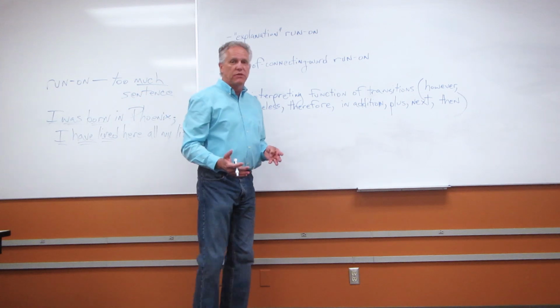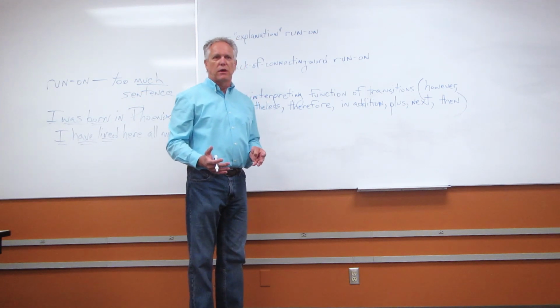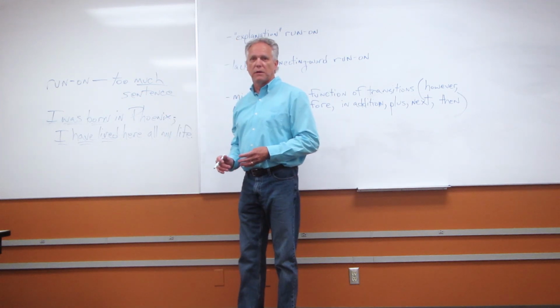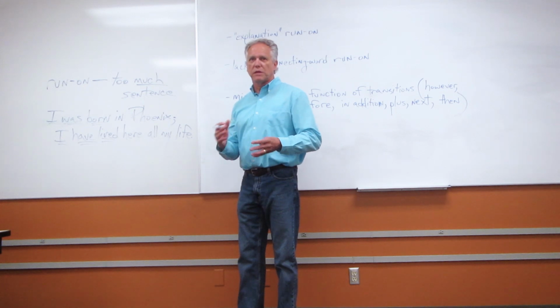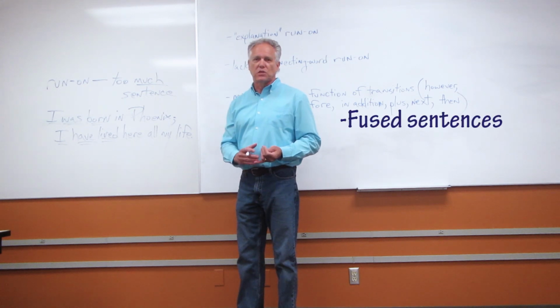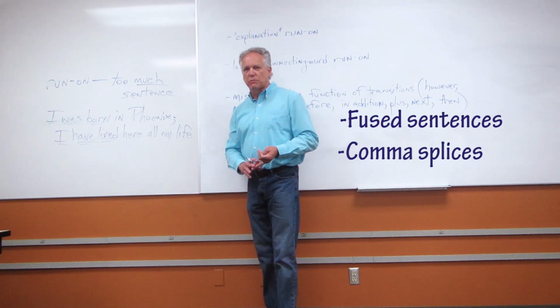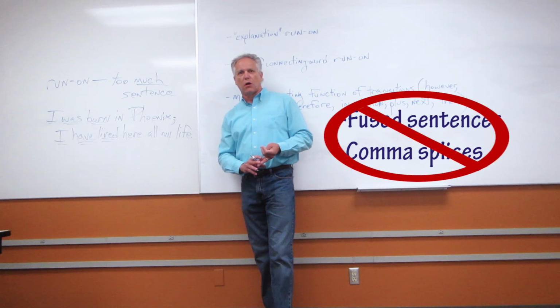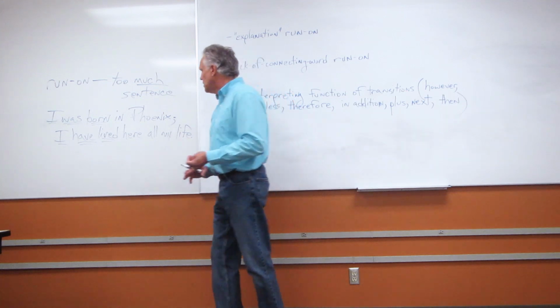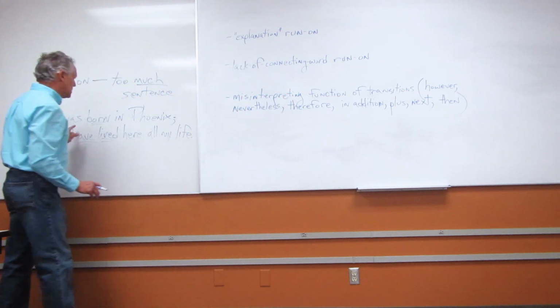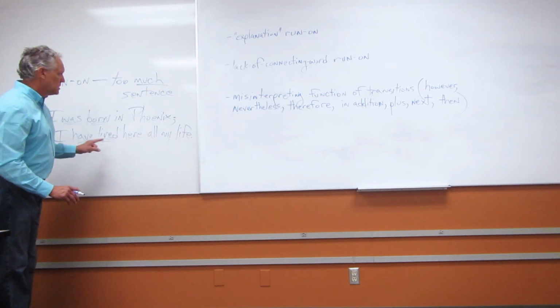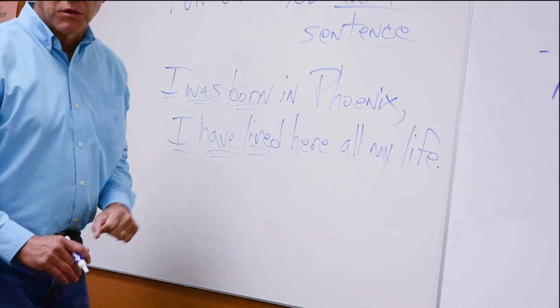Now, I see a lot of different kinds of run-ons in writing. You will hear about run-ons that there are basically two kinds. There are fused sentences and there are comma splices. I don't make a lot of distinction between them because they're both wrong. They're both run-ons. The difference is that what I wrote here is a comma splice.